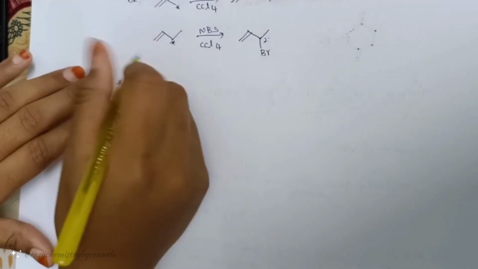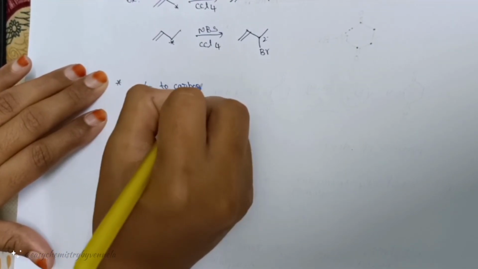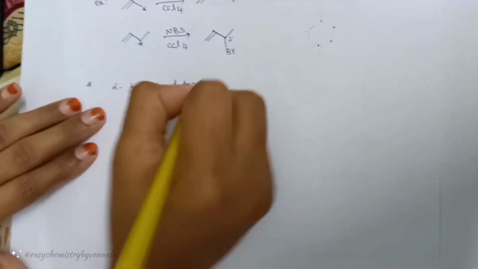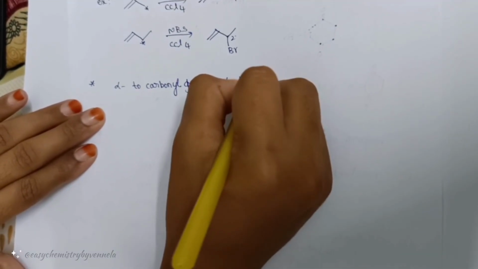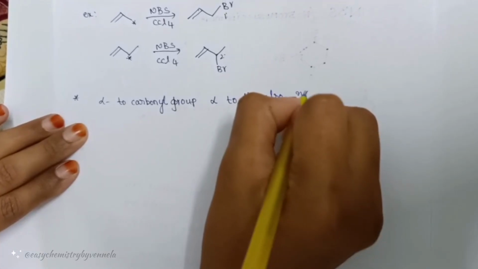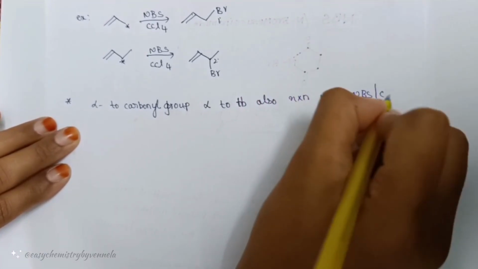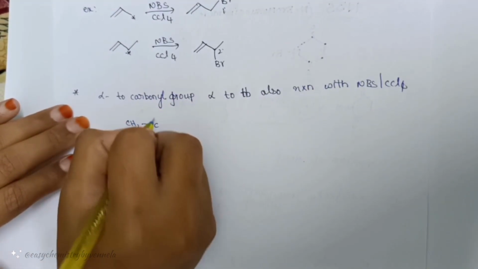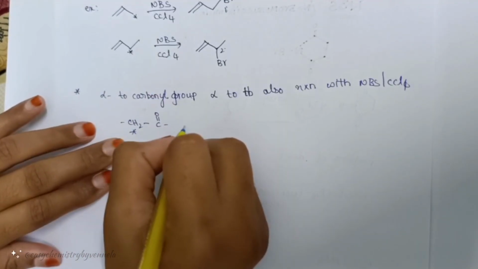So next point, alpha to a carbonyl group or alpha to a triple bond also reacts with NBS in CCl4. This is the position of bromine.